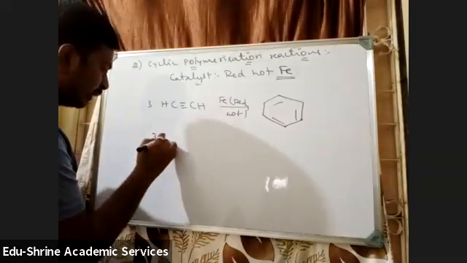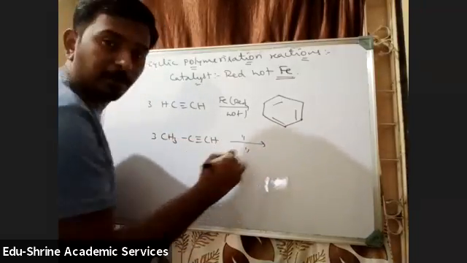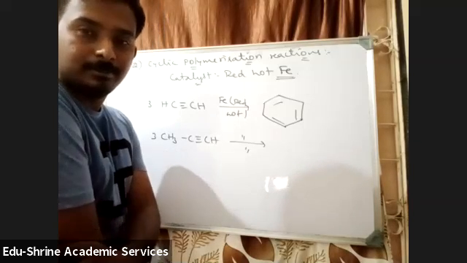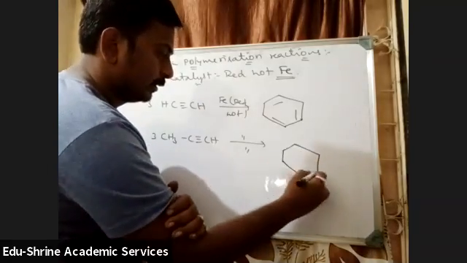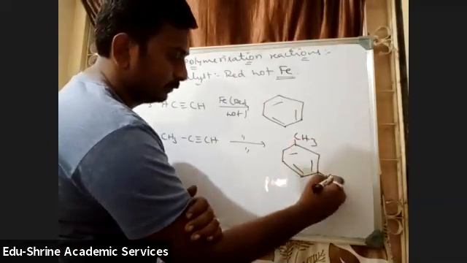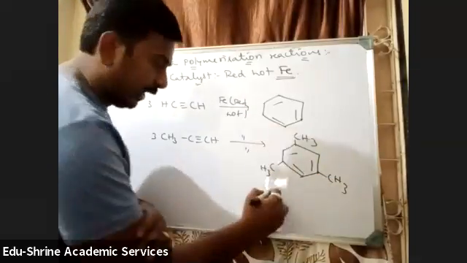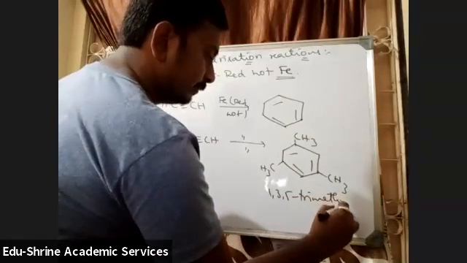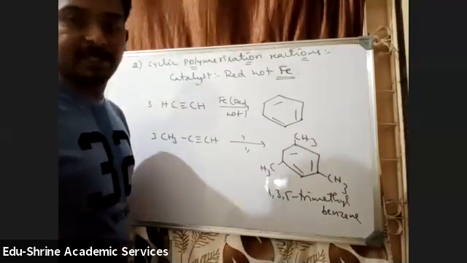If I take 3 molecules of propyne, what product will you get? Can anyone tell me? We get 1,3,5-trimethylbenzene.